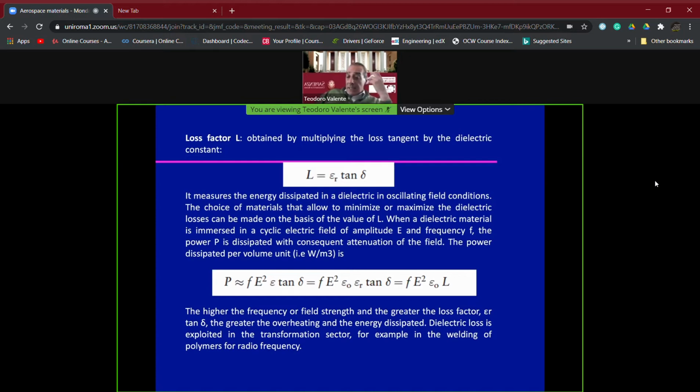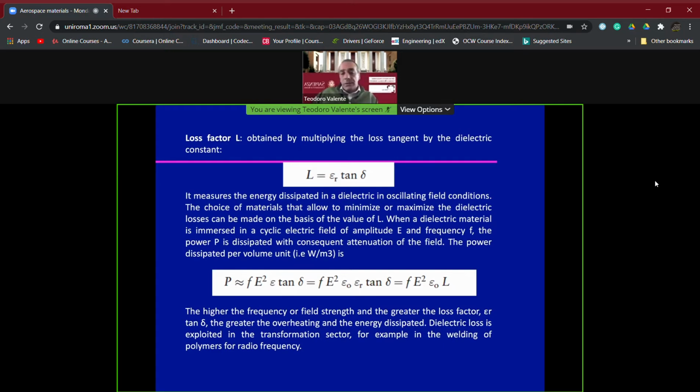Dielectric losses are not a concept used only in the area we are going to discuss. To give you another example outside our field, this effect is used for some welding techniques, for example for polymers, based on a radio frequency approach.